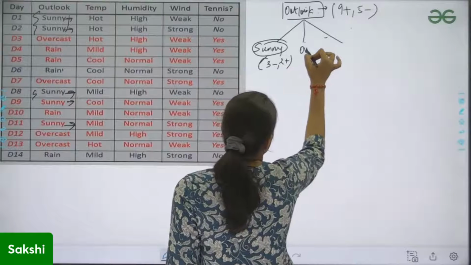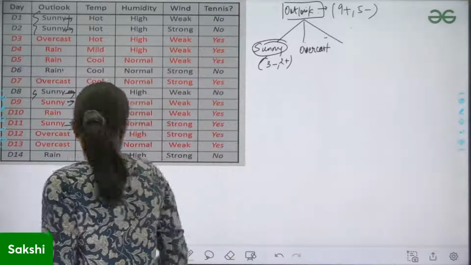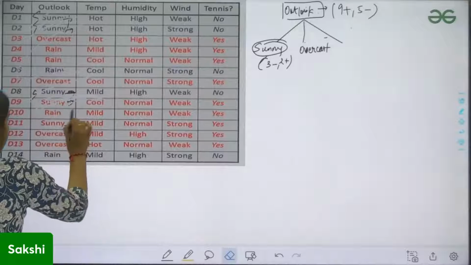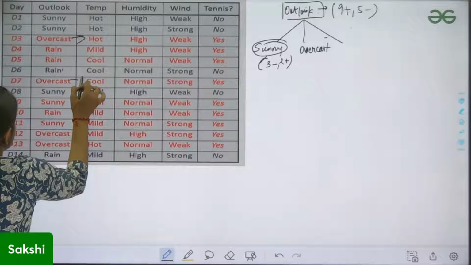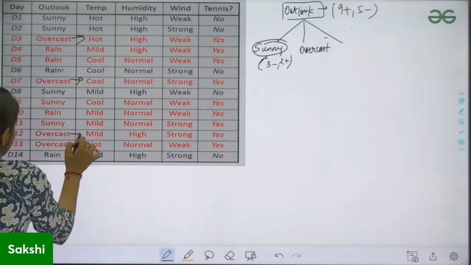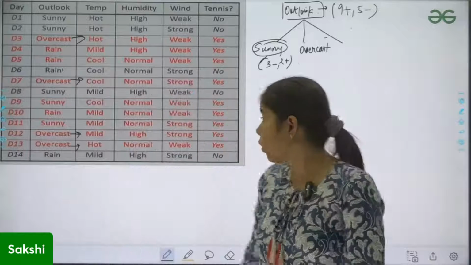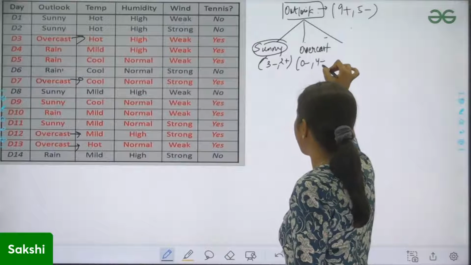If the outlook is overcast on that particular day, let's talk about overcast. First I'll see in how many cases we have overcast. This is overcast, this is overcast, this is overcast, and this is overcast. So all 4 days are overcast and all are yes. So here 0 negative, 4 positive, right?